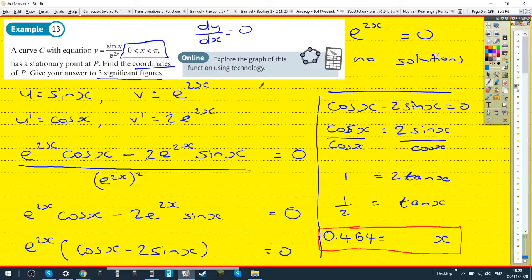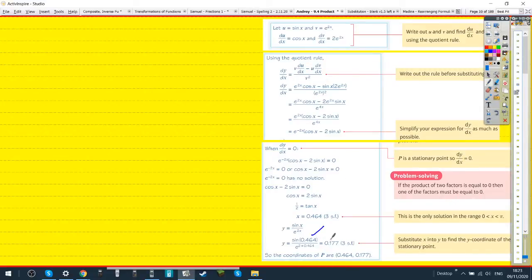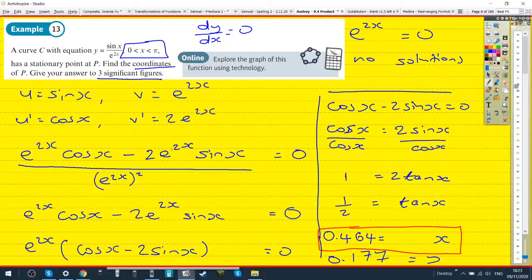Okay, and I got my next coordinate was 0.177. Great. Okay. Any questions here?